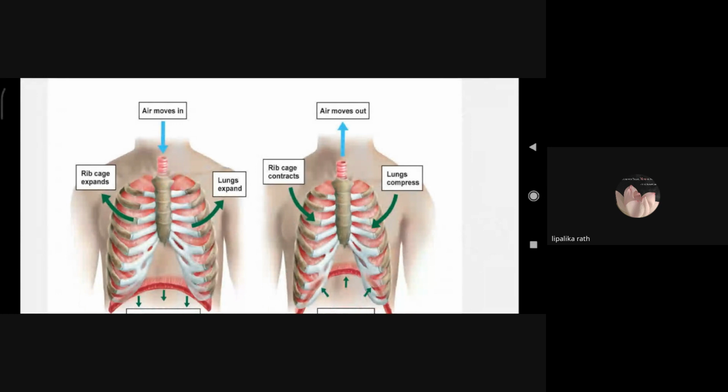And when we are exhaling, the rib cage is contracting. Now, you should raise a question here: why? The rib cage is made up of bones, so how can it expand and contract?